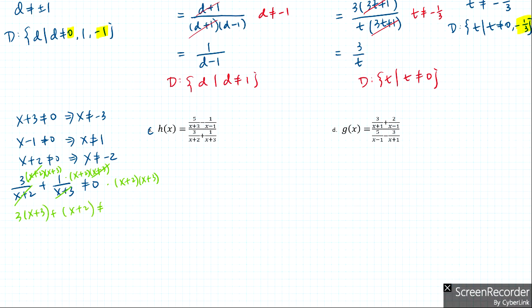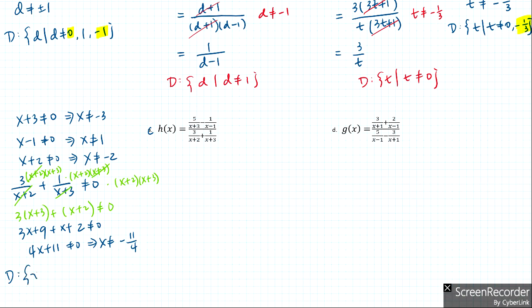That's not equal to 0, because 0 times anything is 0. Once we get to this form, we actually have a linear inequality. So we get 3x plus 9 plus x plus 2 doesn't equal 0. In other words, 4x plus 11 doesn't equal 0, or x doesn't equal negative 11 over 4.